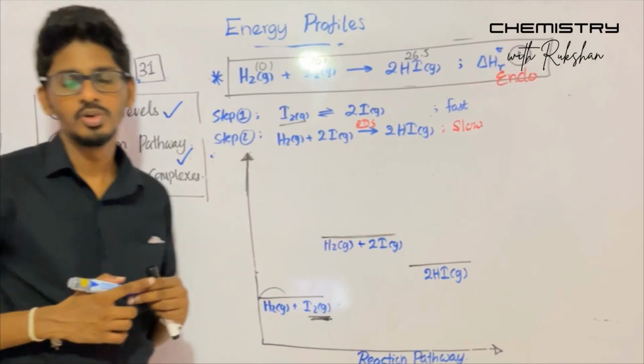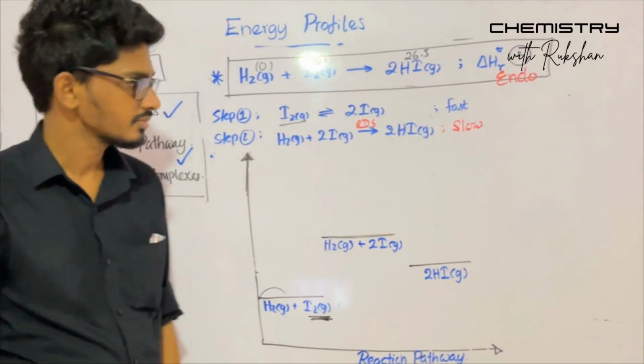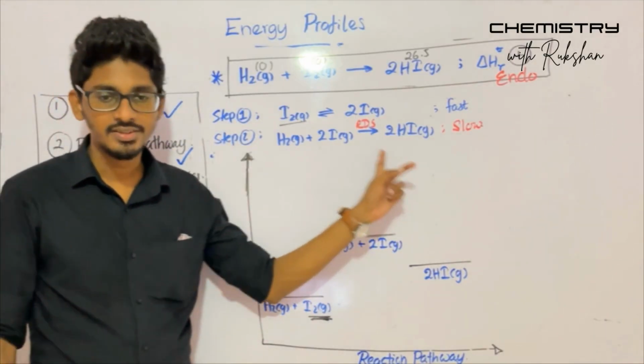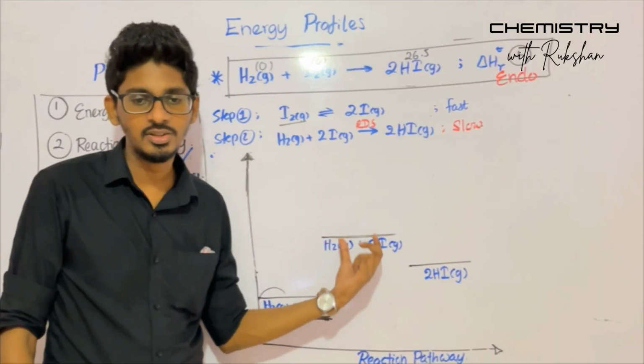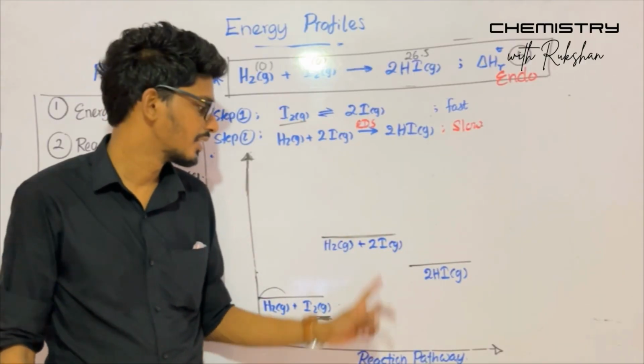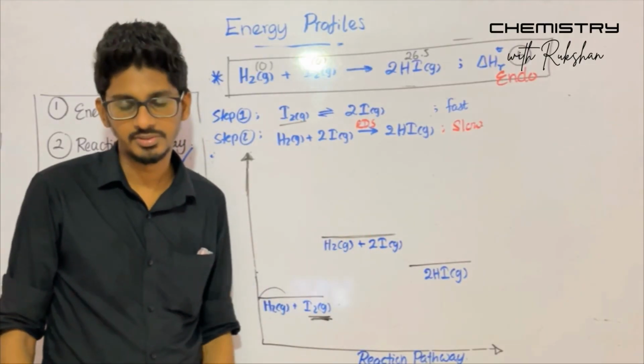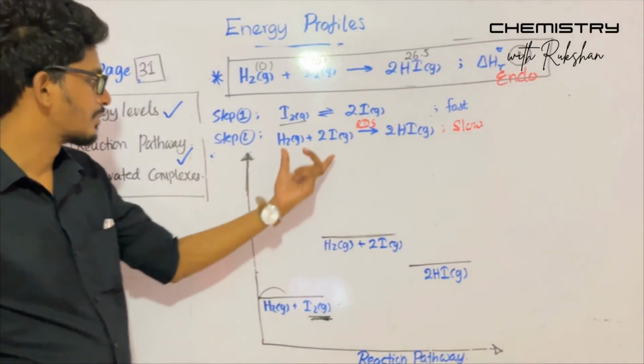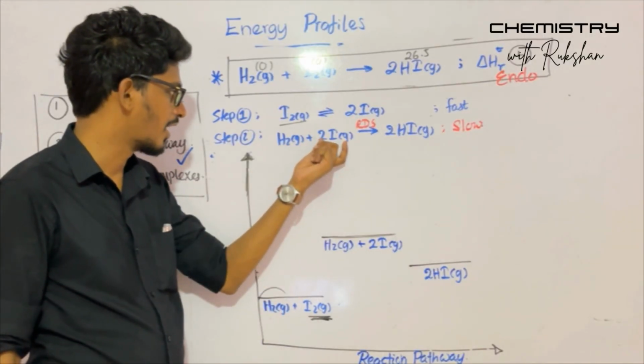That is your intermediate energy level. If you have written this energy level correctly, it should give you the second step without adding or removing any chemical species to these two energy levels. The second step says H2 gas and 2 of I2 gas.